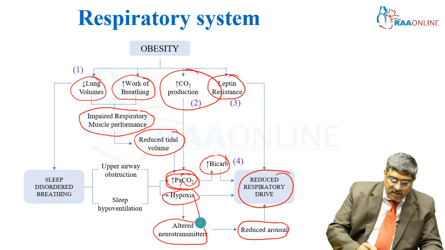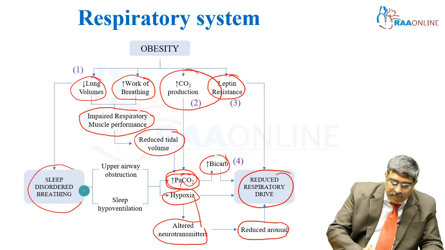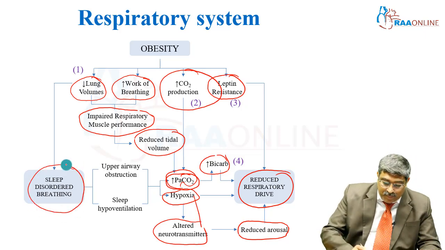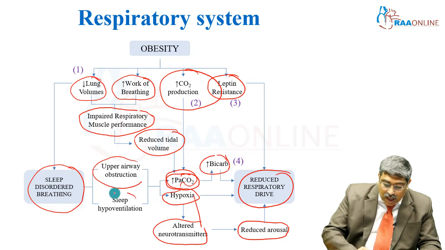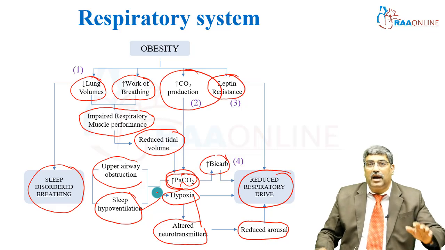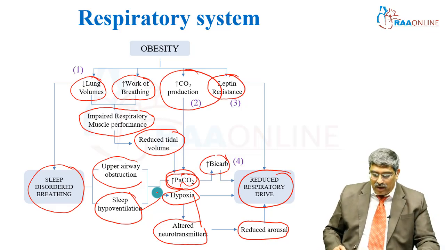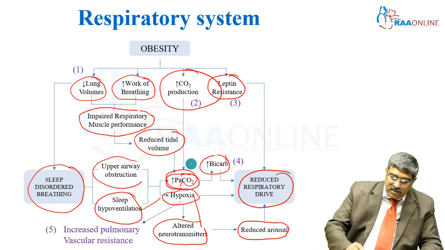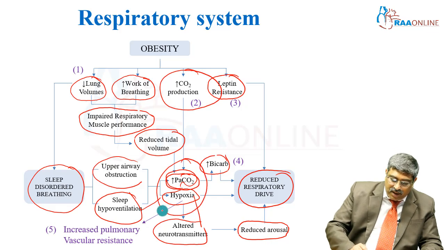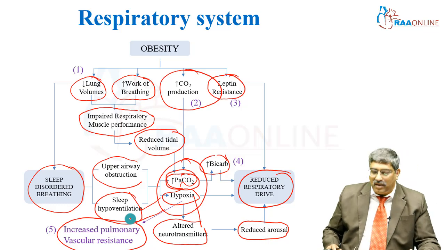Another important thing is disordered breathing pattern can cause upper airway obstruction and hypoventilation, which again leads to hypoxia and hypercarbia. And the most important thing is hypoxia and hypercarbia always increase your pulmonary vascular resistance.